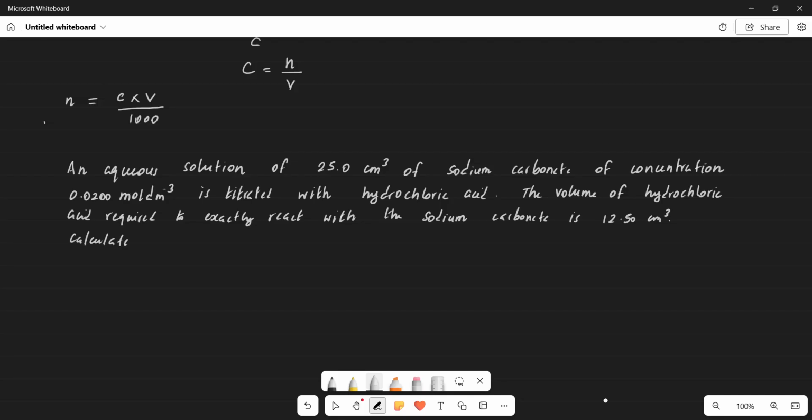Calculate the concentration of the hydrochloric acid.